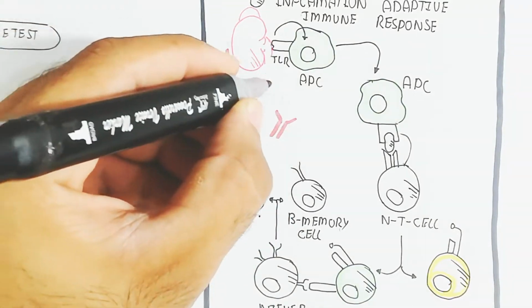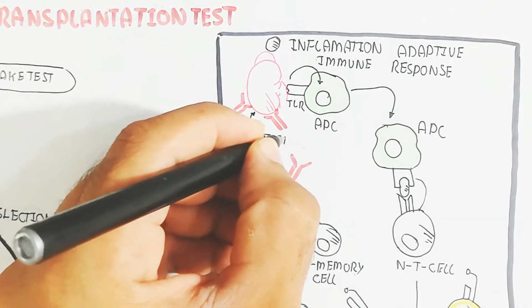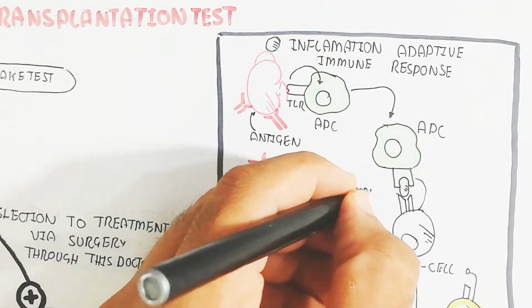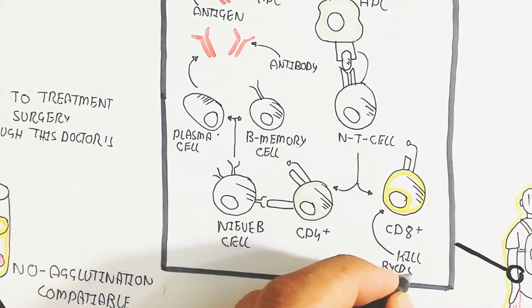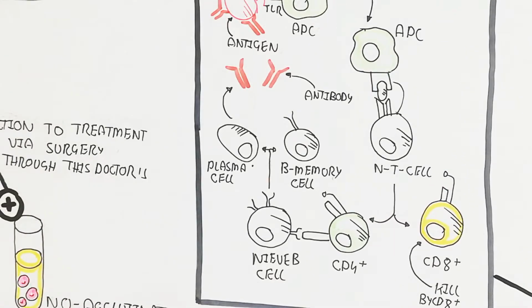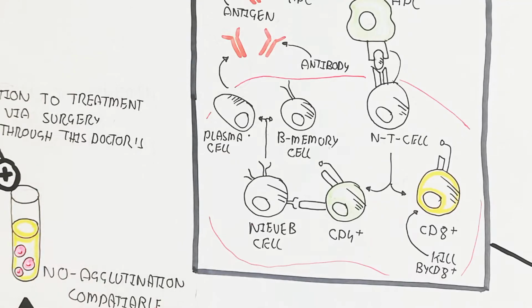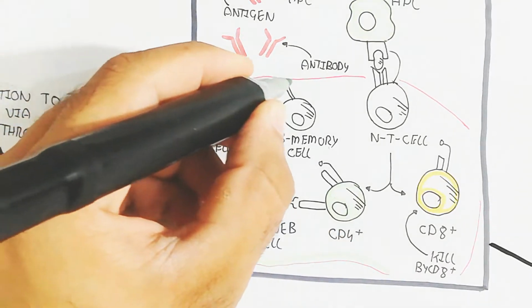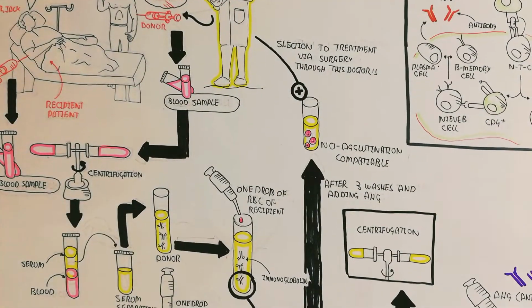This naive B cell will proliferate into the plasma cell and B memory cell. The plasma cell produces a lot of antibodies which act against the antigen, the kidney. So this will collapse, and that is basically the mechanism for the rejection of the transplantation. So the test is very important. This is the lymphatic system.